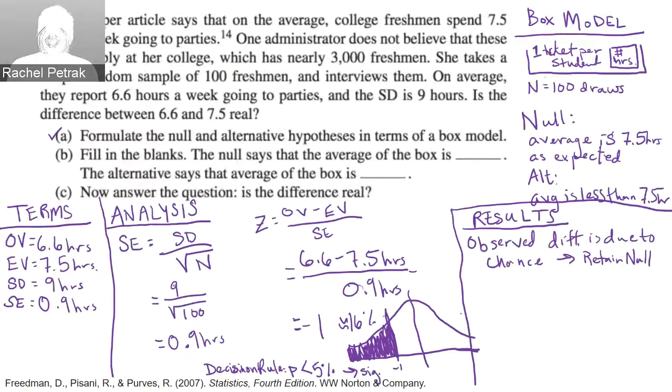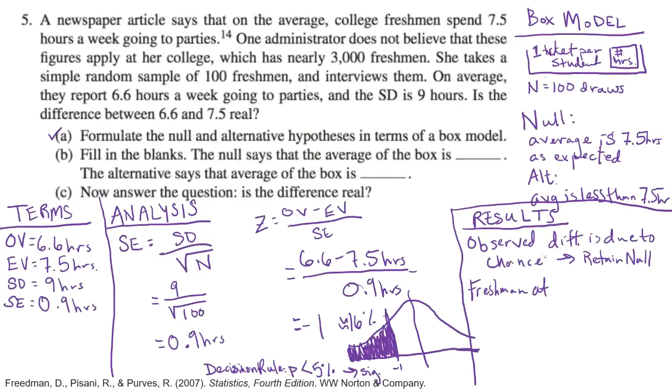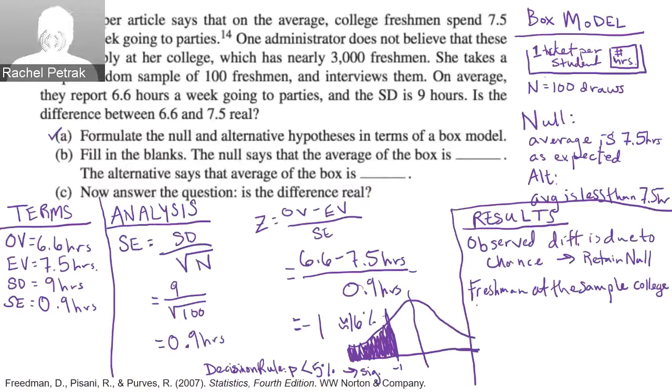And to write up this sentence, we could say that freshmen at Sample College, we don't have a name for it. The freshmen at the Sample College, and what are the important statistics to give here?